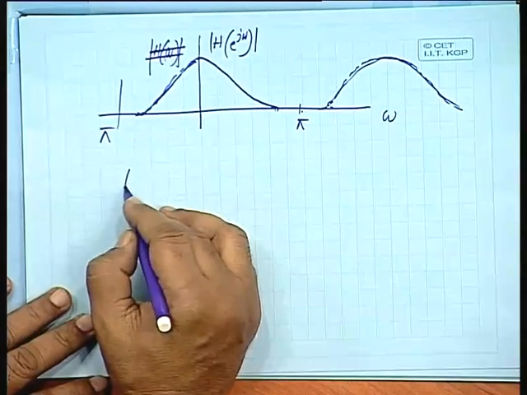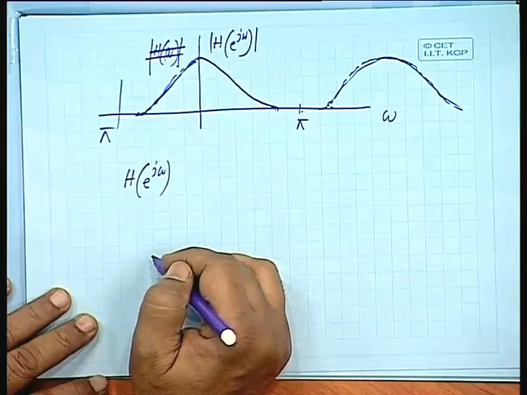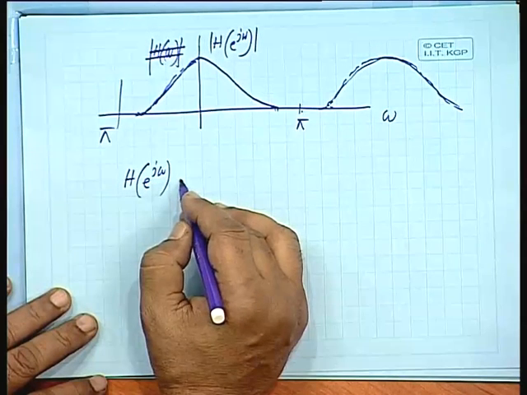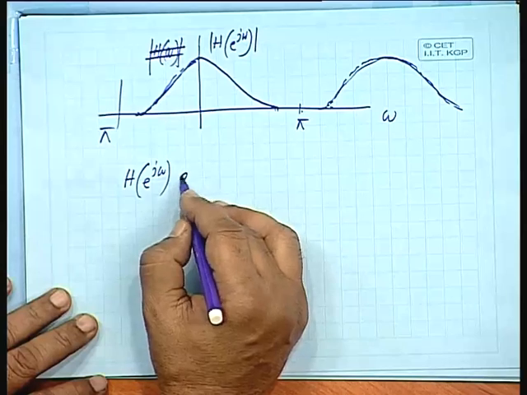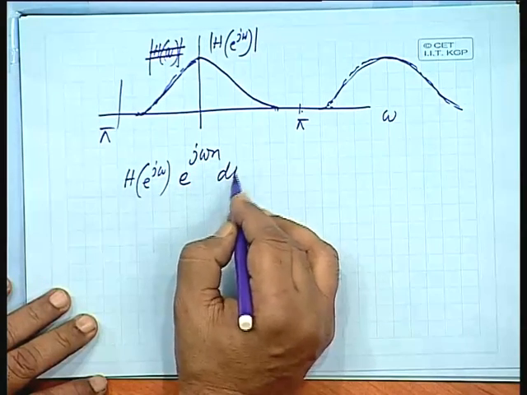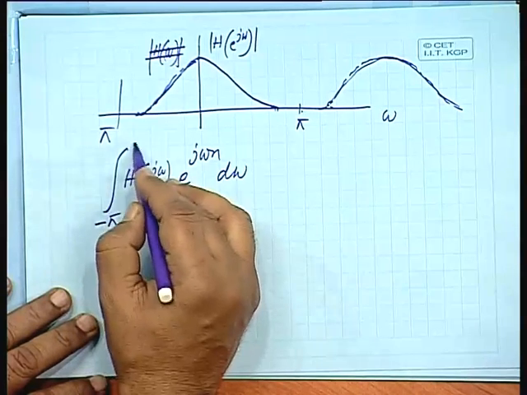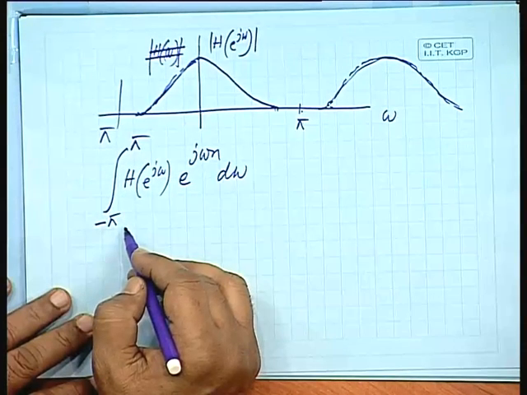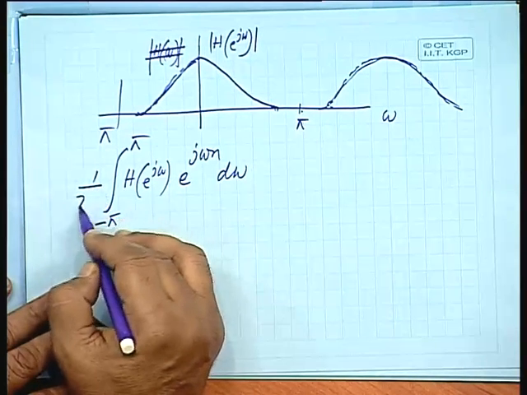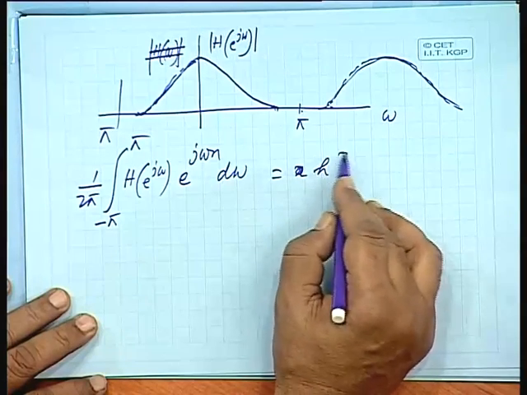Then H omega, whatever that function is, multiplied by e to the power j omega n and d omega, integrated from minus pi to plus pi, all right, and multiplied by 1 by 2 pi, will give me h n.